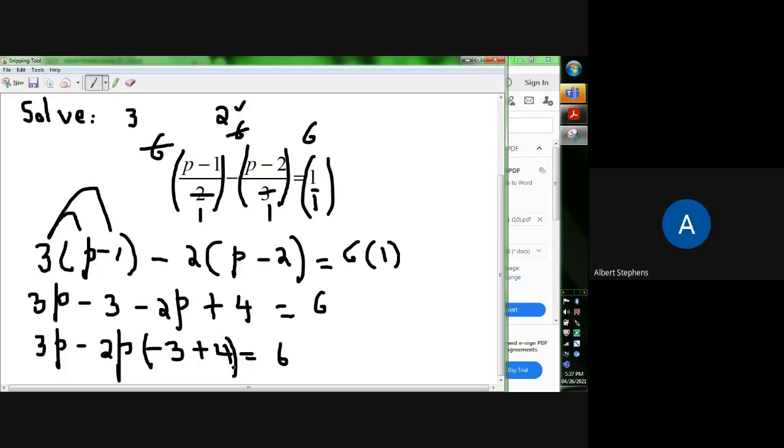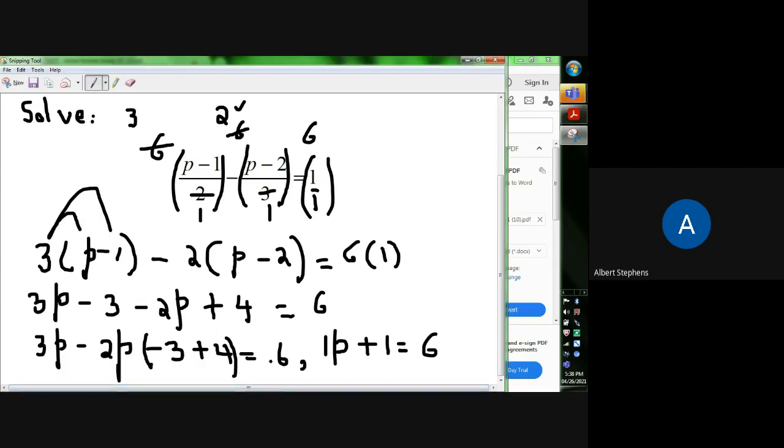What is 3p minus 2p? 1p, or just p. And we said negative 3 plus 4 is positive 1, equals 6.